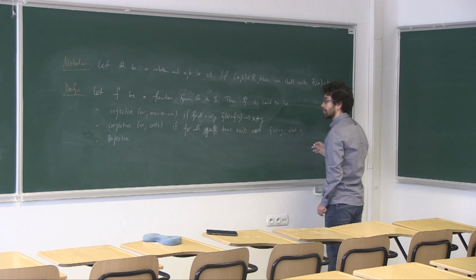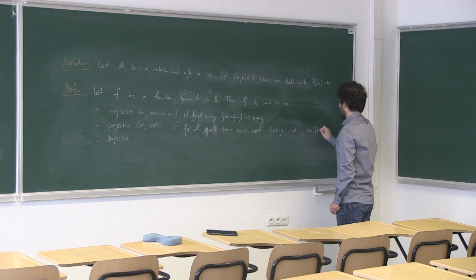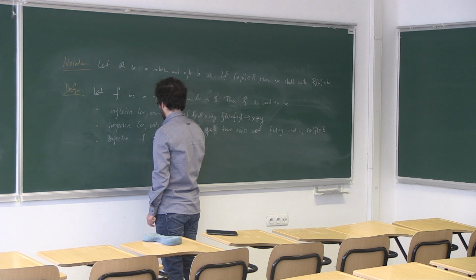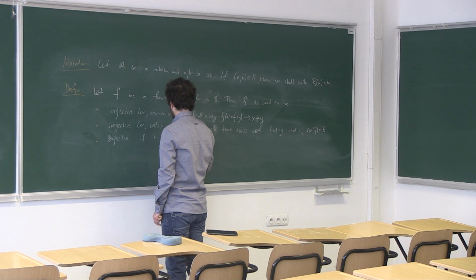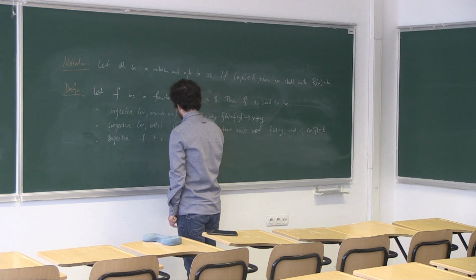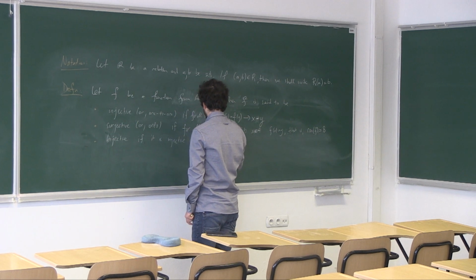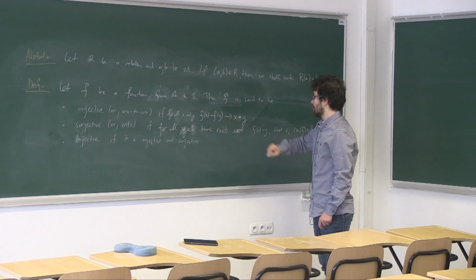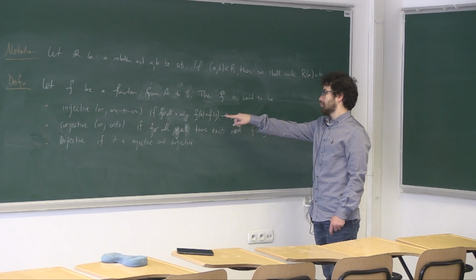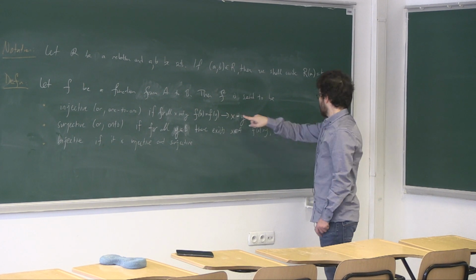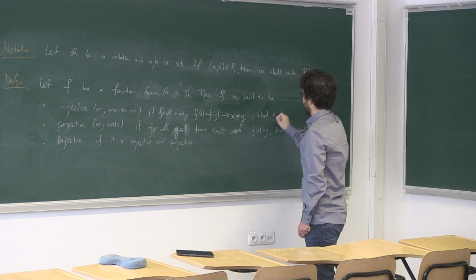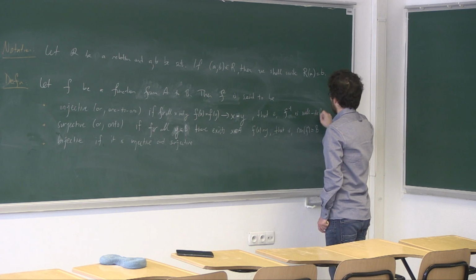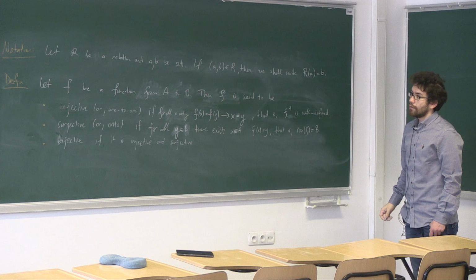That is, the range is all of B. It's called bijective if it is injective and surjective. Okay? And another way of stating this is, as I said, writing the following: f inverse is well defined. Okay?